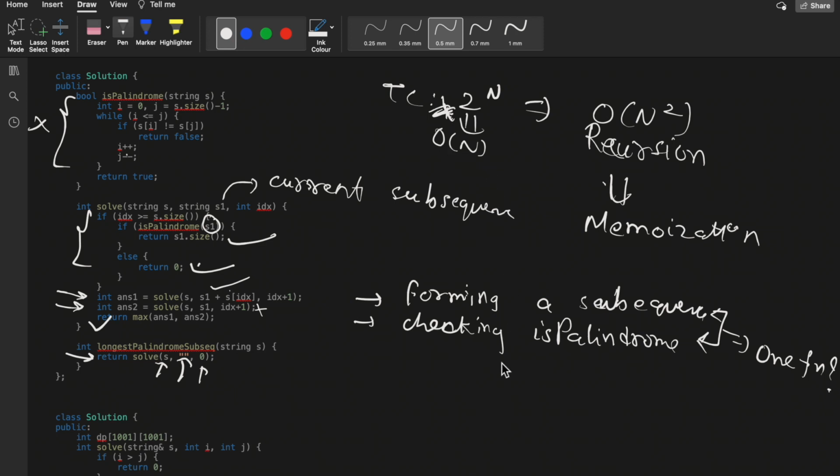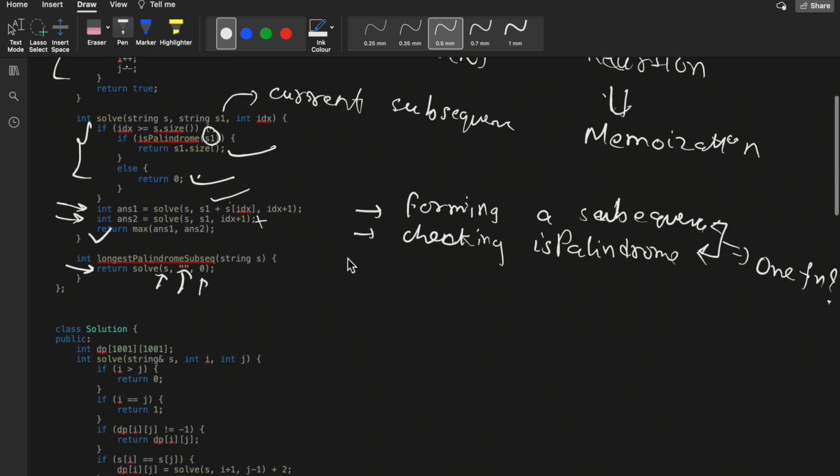So now guys, can we do both of this in one thing? So what if, whenever we are adding a character, say we are including this character, we check for palindrome. So on include step, check for palindrome.